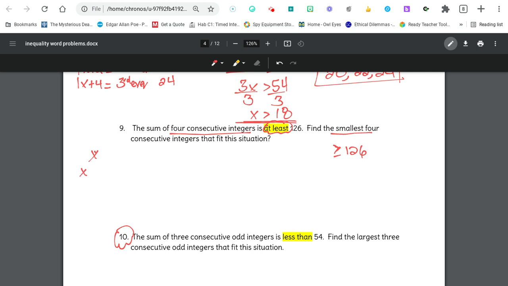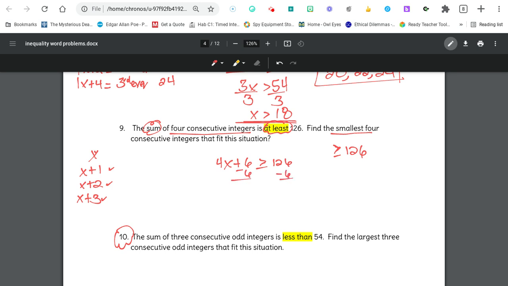Consecutive x that count by ones, x plus 1, x plus 2, and x plus 3. So it says the sum of them, so I'm going to add them. That's going to give me 4x plus 3 plus 2 is 5 plus 2 is 6 plus 6 has to be greater than or equal to 126.